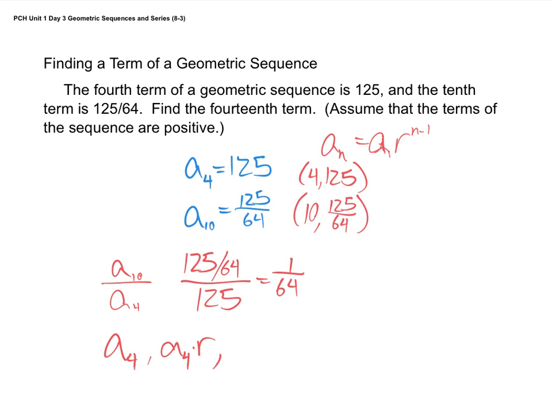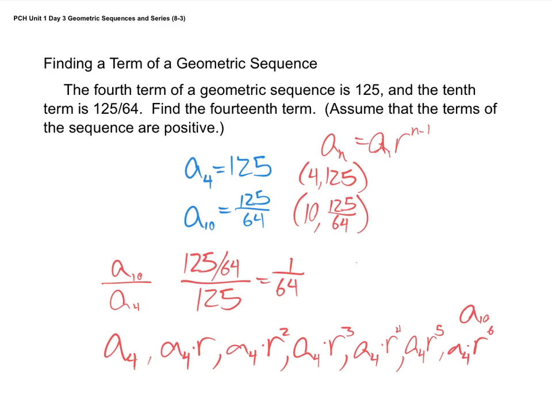And then every step I have to multiply by another r. And now we get to a sub 4 times r to the 6th. That is a sub 10, right?